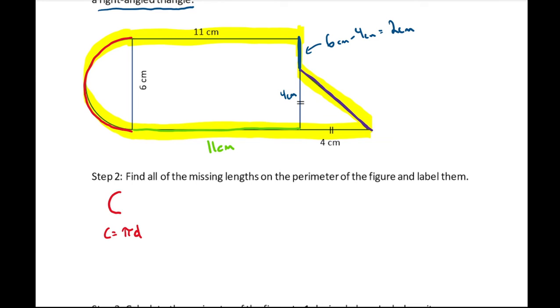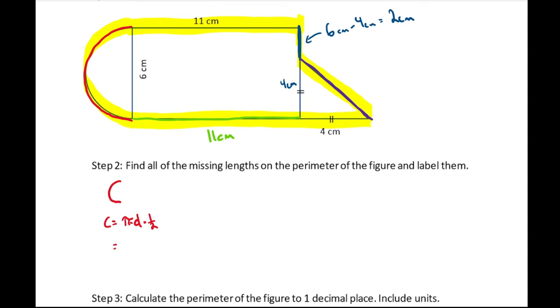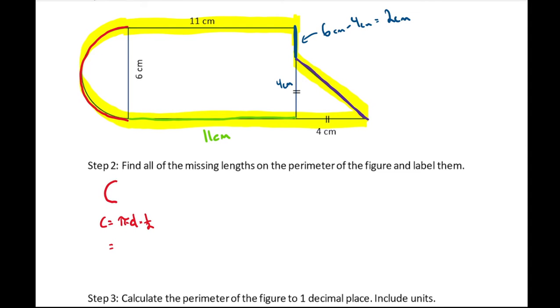But because I'm dealing with half of a circle and not a full circle, I'm also going to multiply this by half, because I want half of the original circumference. So in this case, I have pi, or 3.14, times the diameter, which is 6, this distance across here, and then times a half, or times 0.5, or you could say 3.14 times 6 and then divided by 2.